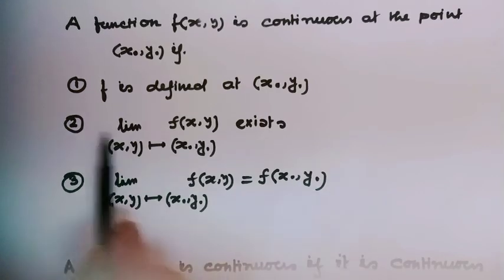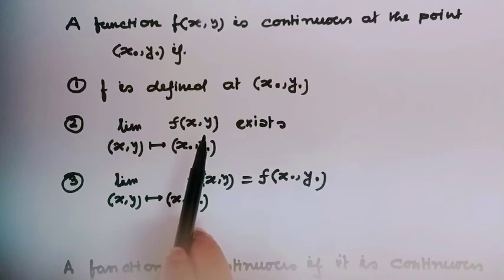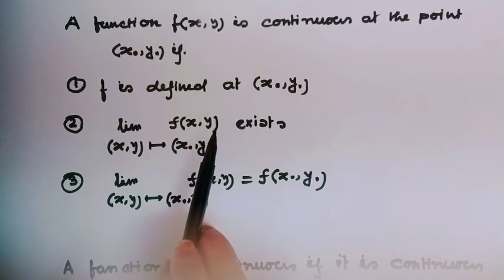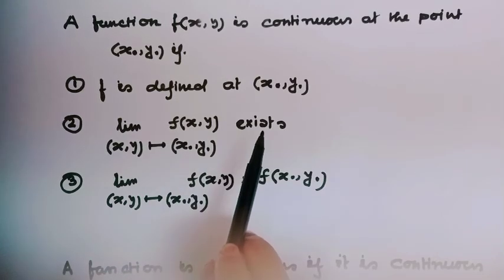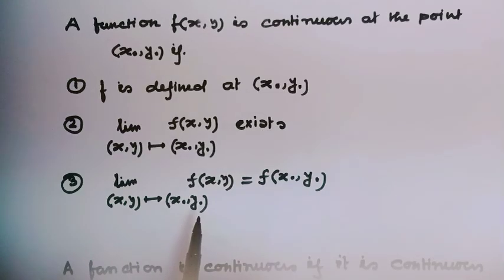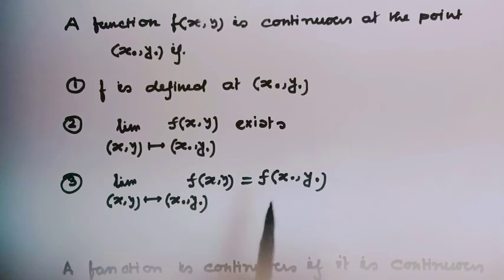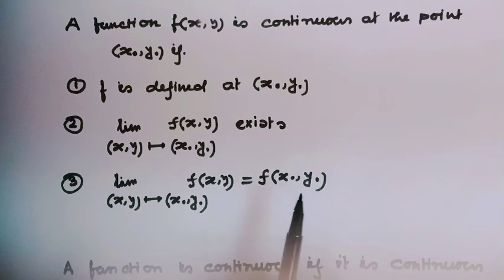Okay, from this line I have got that the limit should exist and it is unique. From this line I can say the value of the limit should be defined at (x0, y0), and the value of the limit must be equal to the functional value at the point, f of (x0, y0).